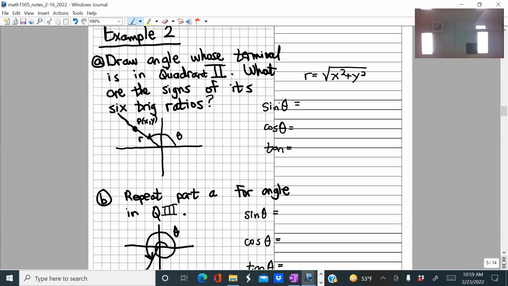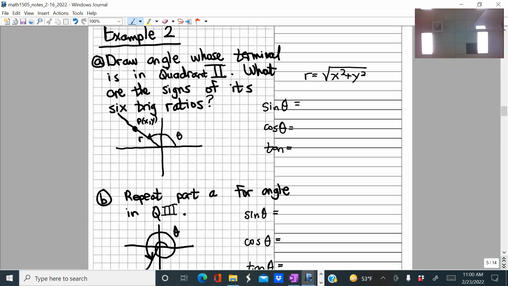So if I have an angle, and when I draw it, the terminal side ends up in the second quadrant, I would say the angle is in the second quadrant. That really means the terminal side is in the second quadrant.